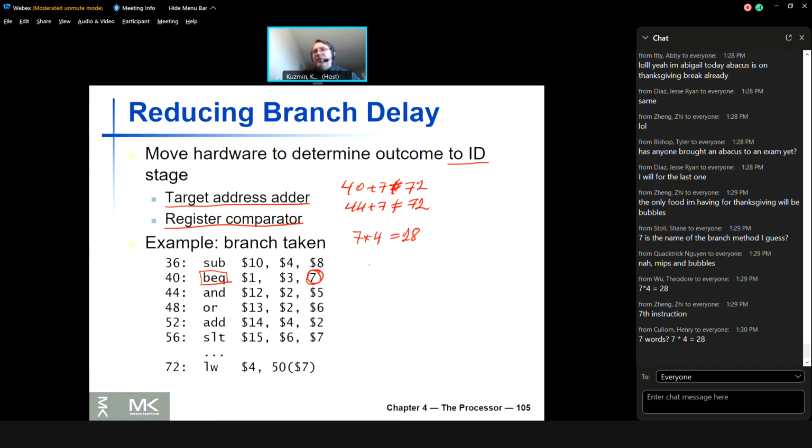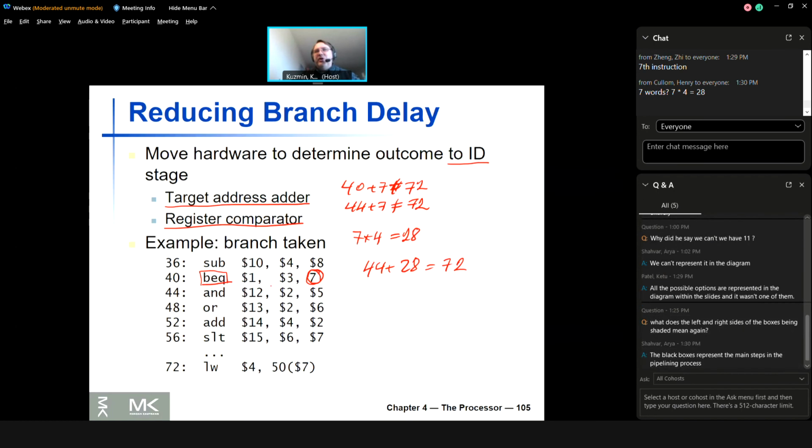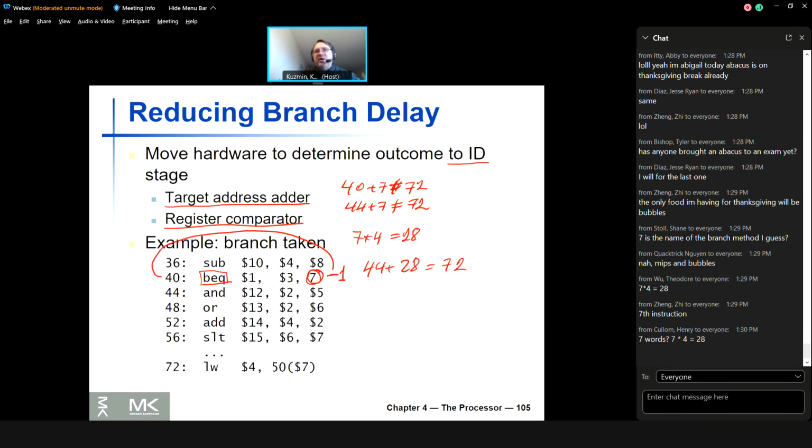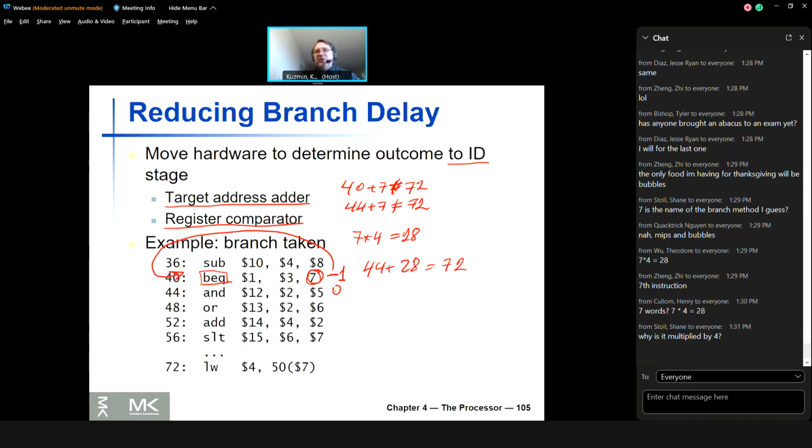And now we see it's 44 plus 28, which is indeed 72, and it is 7 instructions. If the BEQ offset is -1, it would jump to the same instruction. If it is 0, it would jump to PC plus 4.